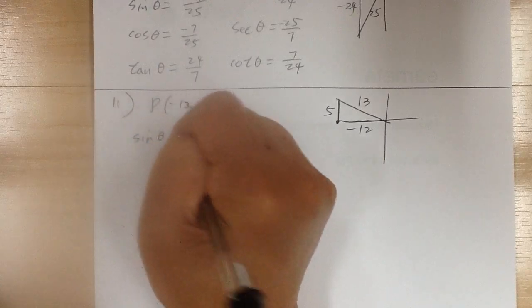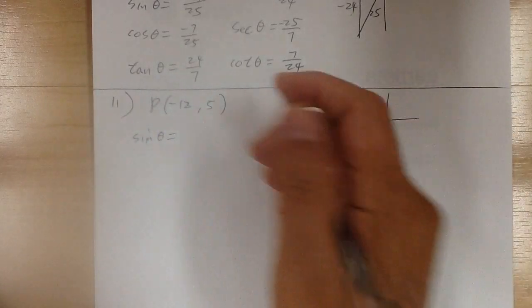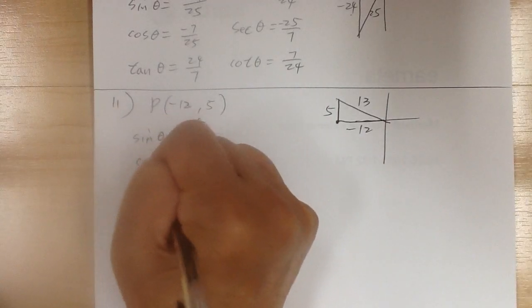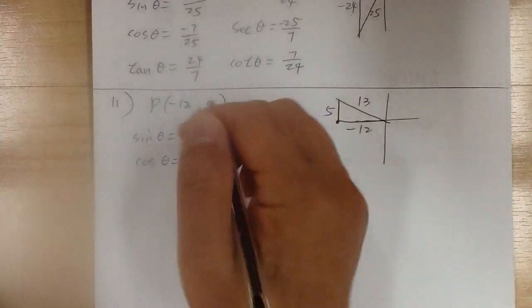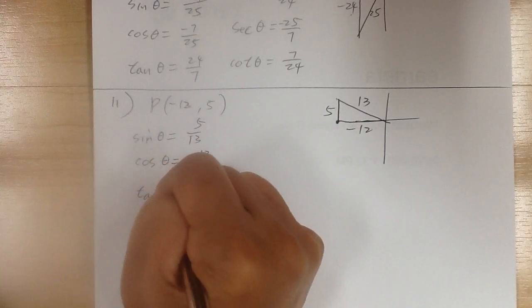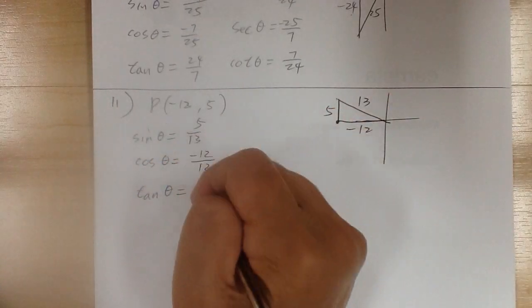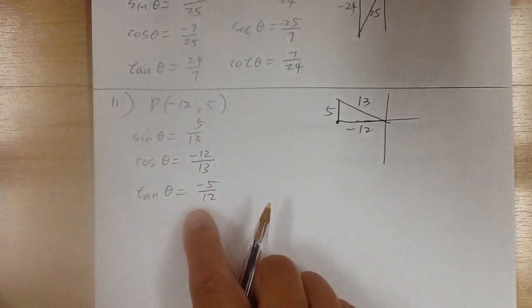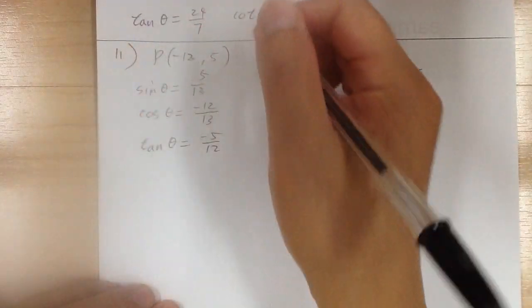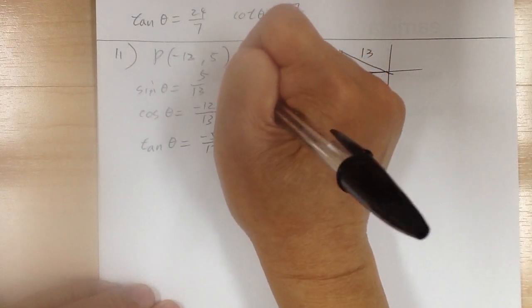Okay, so sine theta equals this over that, so it would be 5 over 13. Cosine theta equals this over that, so it would be minus 12 over 13. Then tangent theta equals this over that, so it would be negative 5 over 12. I kind of put a negative on the top. Okay, so once you get the first three, then you get the secondary functions.